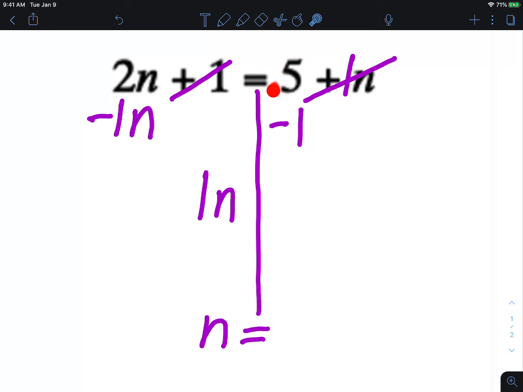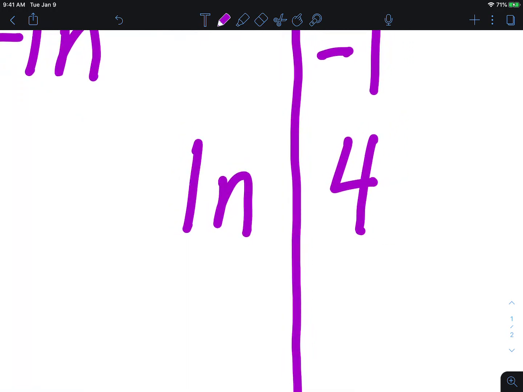Now I'm going to take care of my 5 minus 1. What is 5 take away 1? You get 4. Right? Then I say to myself, what does 1n mean again? Remember? What does a number next to a letter mean again? Exactly. It means multiply.